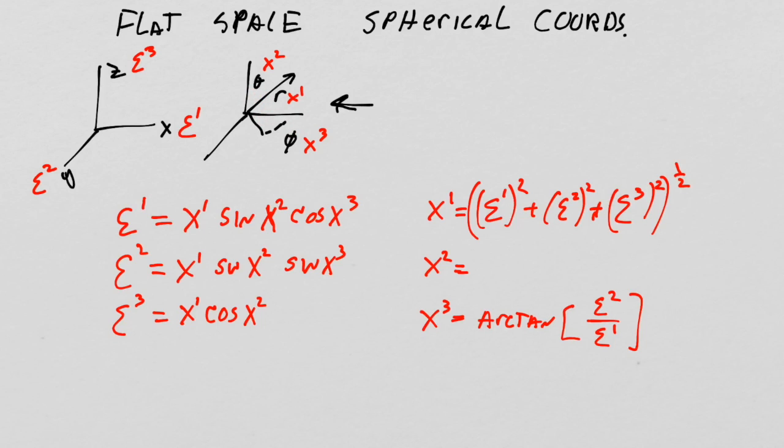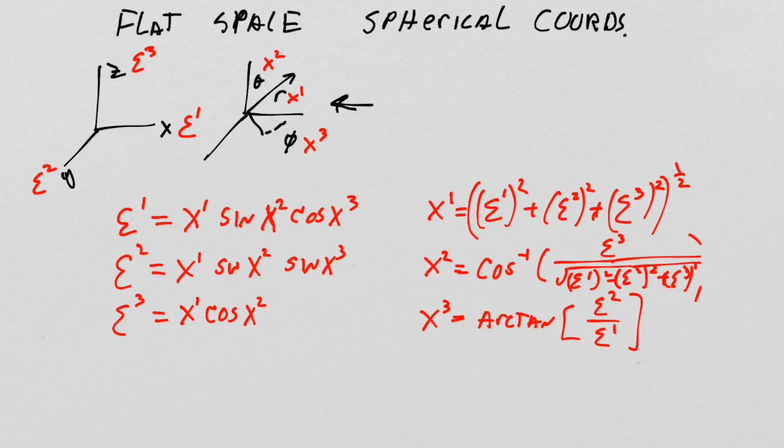So I think it's the inverse cosine of C3 divided by the square root of C1 squared plus C2 squared plus C3 squared, right?